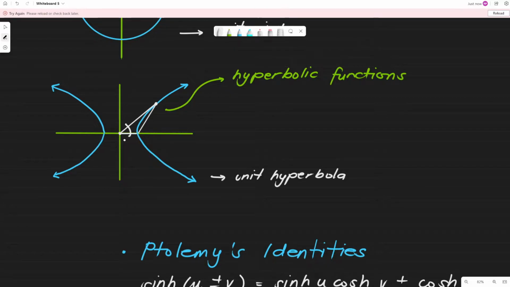Again, this is our reference. This is theta.